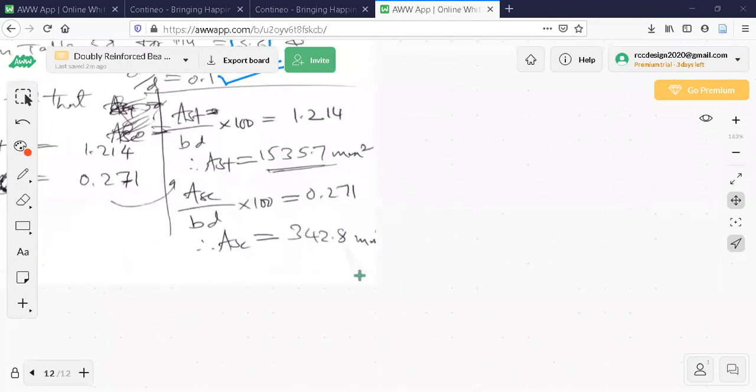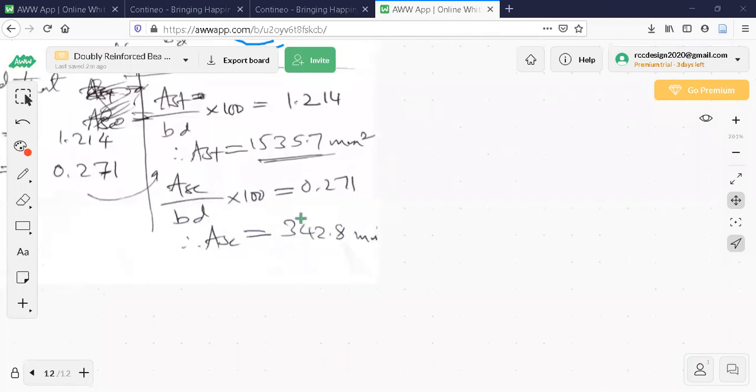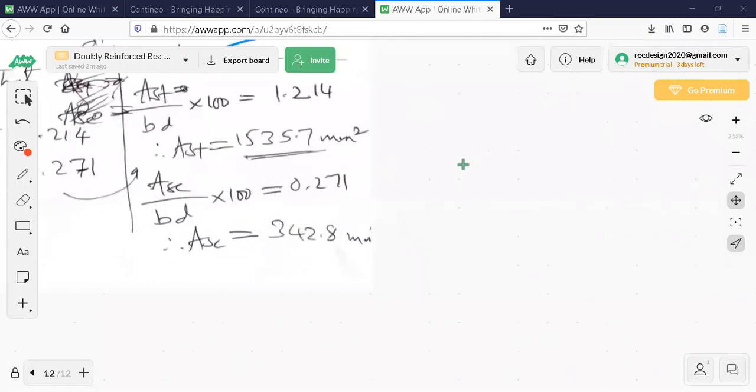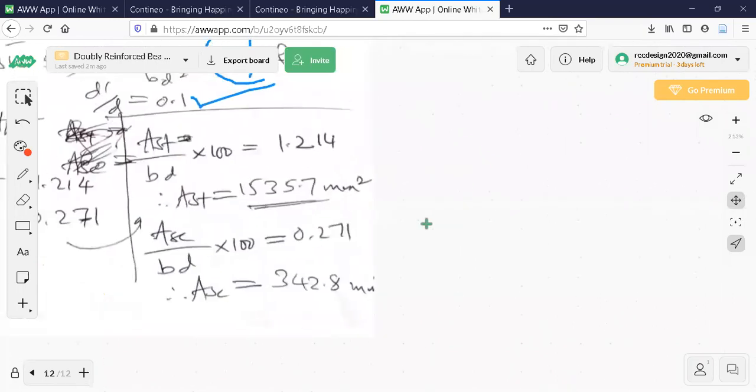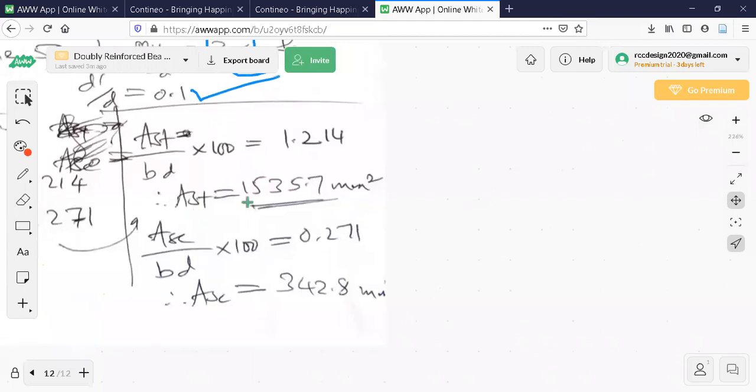Now here in the examination, directly you got Ast. You didn't have to calculate Ast1 and Ast2 separately. Once you find out the direct value, now only you can decide. Let us say I am going to use 20 mm bars, you can find out the number of bars.